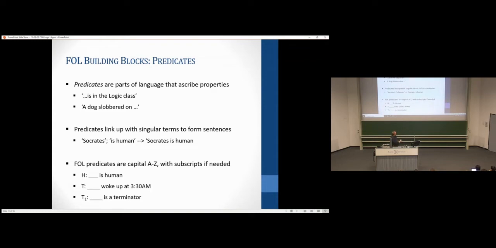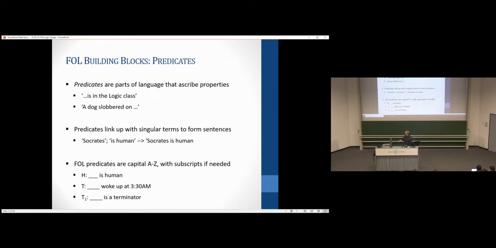So when we construct our symbolization keys, we express predicates with capital letters. We can use subscripts if we need them. We'll write the relevant letter and then, in English, the predicate that it expresses. So for example, we'll put H, and then we leave the gap that's going to be filled by the objects. H is a way to say "is human."